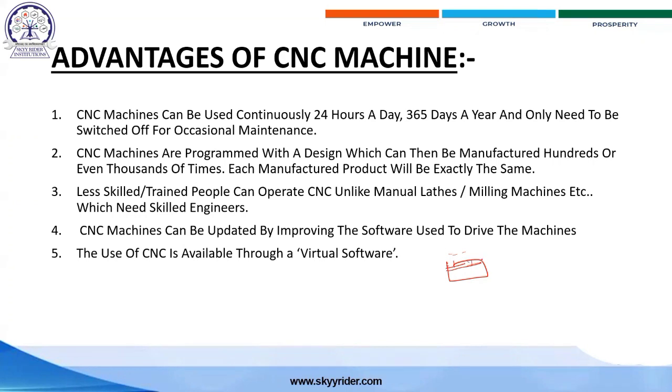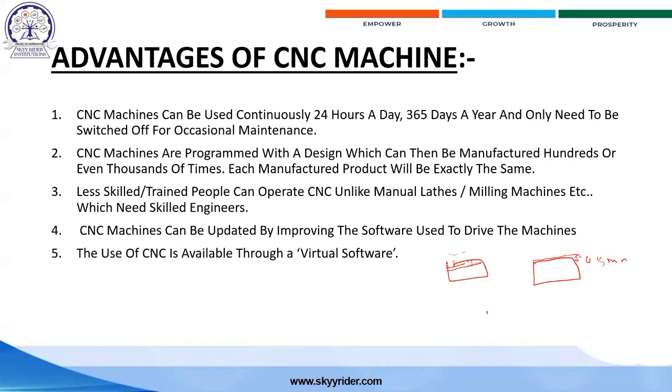And sometimes, if we want to leave an amount of stock in the material, a precision stock of 0.5 mm, that is a very small amount to leave. If it is manually operated, it is very difficult to maintain.